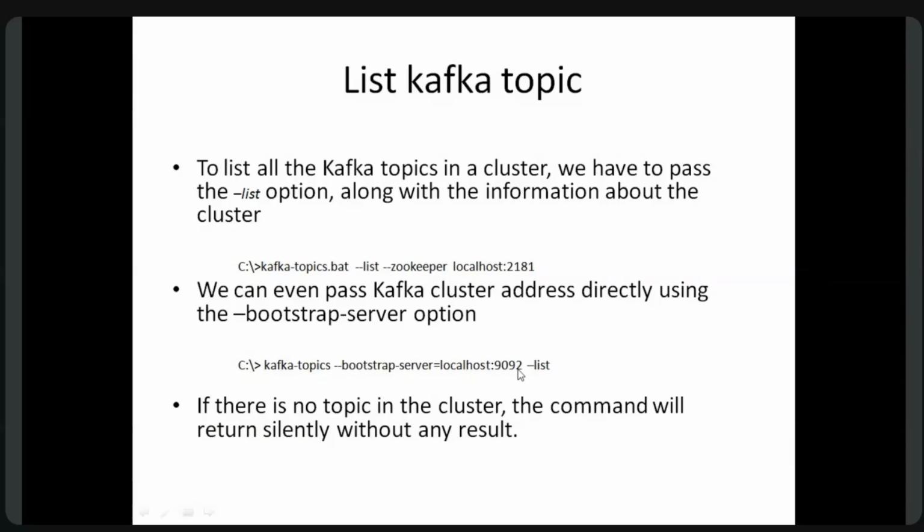If it is new, give bootstrap server localhost 9092. I have given list at the beginning in one and at the end in the other, just to show that it doesn't matter. You can give this option anywhere.